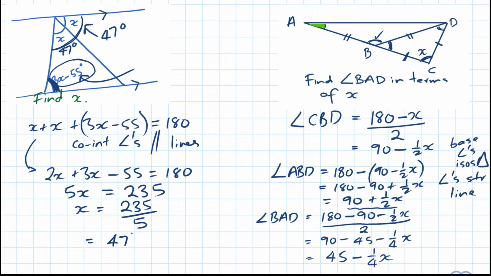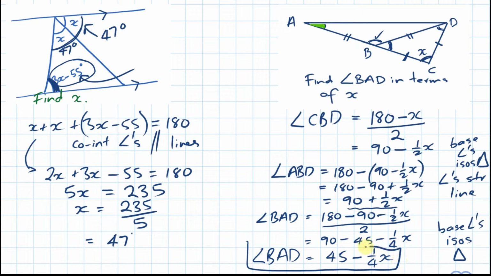And that's our expression for angle BAD, and that would also be base angles in an isosceles triangle. So angle BAD is equal to this expression here, which is in terms of x, so we've answered our question.